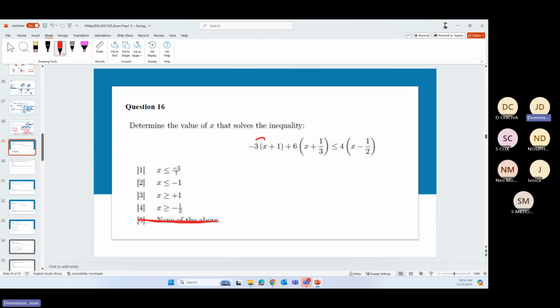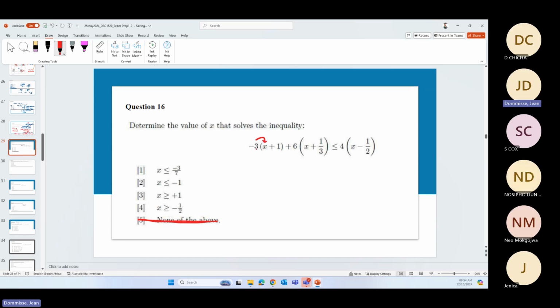Okay, so let's start. -3 times x is -3x, -3 times +1 is -3. Okay, so that component is sorted. +6 times x is +6x. +6 times positive 1 over 3, I am doing with my calculator.